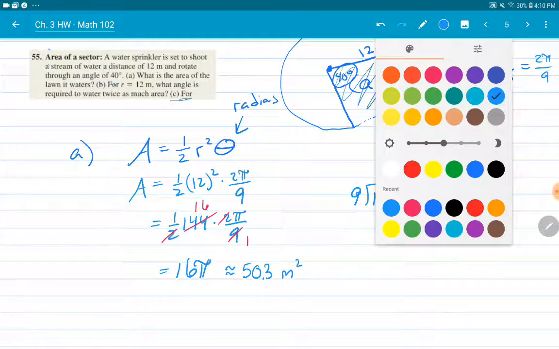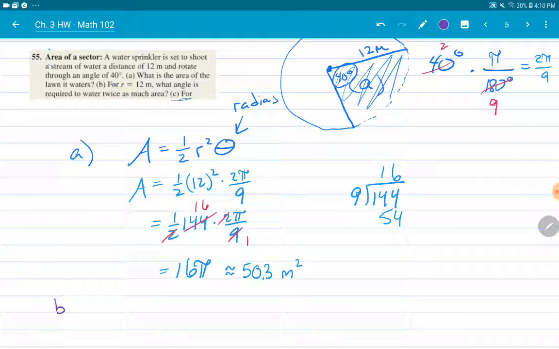We'll do that in purple. In part B, for the radius equal to 12, what angle is required to water twice as much area? So I want the area to be 2 times that, or 2 times 16 pi, because I already found that 16 pi in the previous question. So 32 pi.